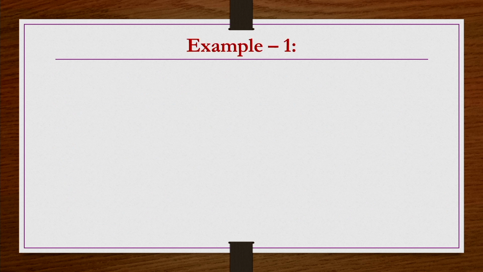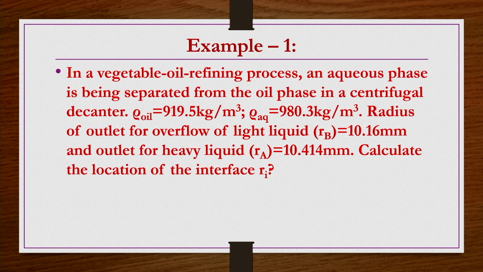The first example is about finding out the neutral zone that we derived in the previous lecture. In a vegetable oil refining process, an aqueous phase is being separated from the oil phase in a centrifugal decanter. Oil density and aqueous phase density are given, the radius of the outlet for overflow of liquid, that is Rb, is given, and similarly the radius of the outlet for heavy liquid, that is Ra, is given.